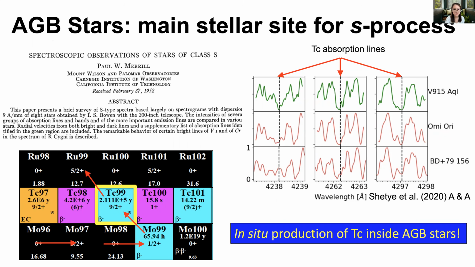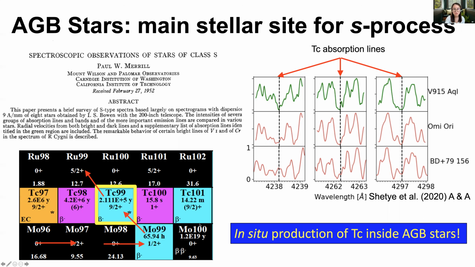The detection of technetium was very peculiar because technetium has no stable isotopes, and one of its isotopes, technetium-99, has a half-life of 0.2 million years. And the nuclide chart in this region clearly shows us that technetium-99 can only be made if molybdenum-99 undergoes beta minus decay before capturing a neutron.